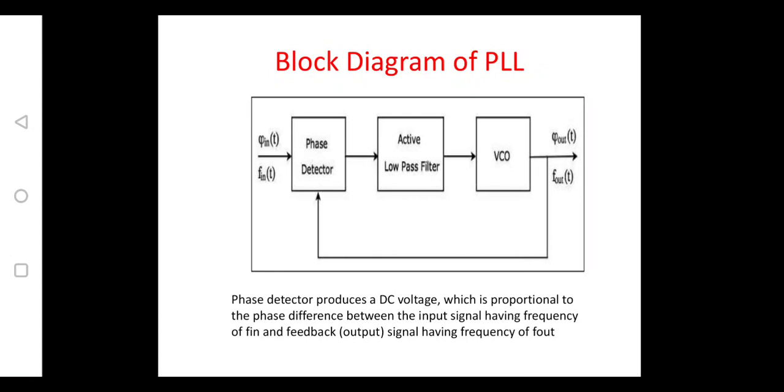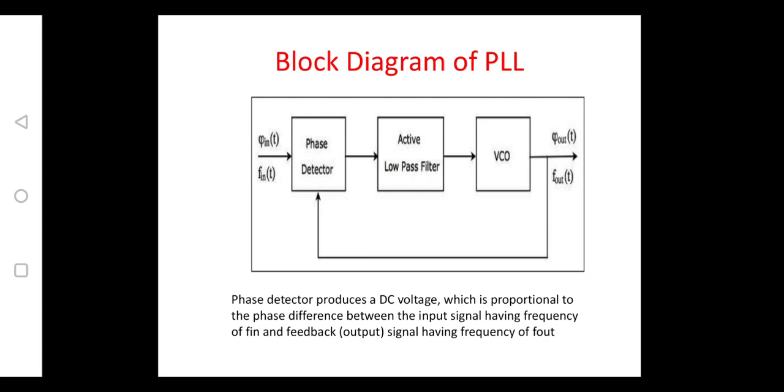Here the input signal is applied to a phase detector. The name itself indicates it is used to compare the input signal frequency with the feedback frequency. The output voltage of the phase detector will be a DC voltage, and therefore it is also called an error voltage amplifier.